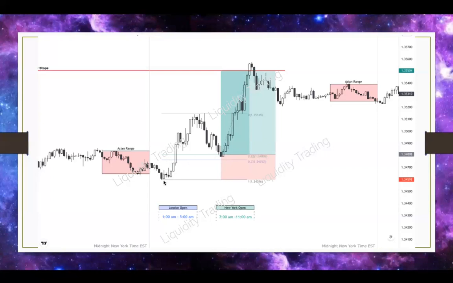Again, notice that first the London Open was bullish, and after the retracement we see another bullish move for the rest of the day.